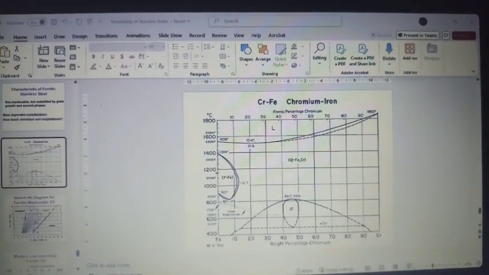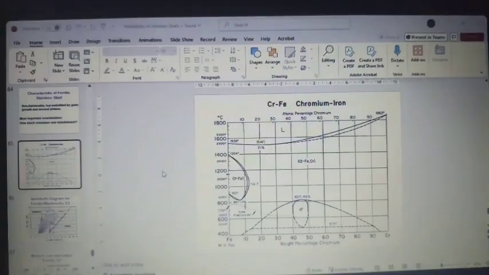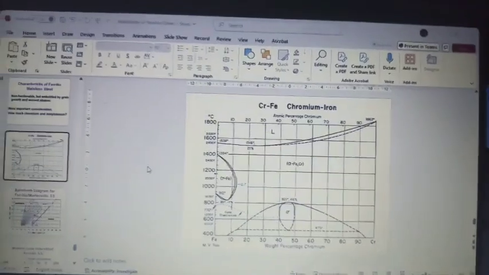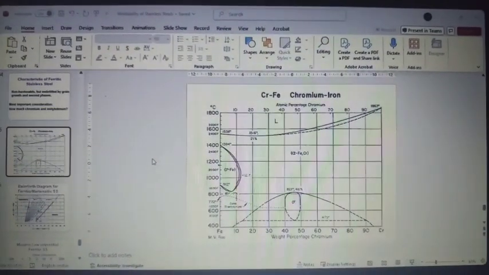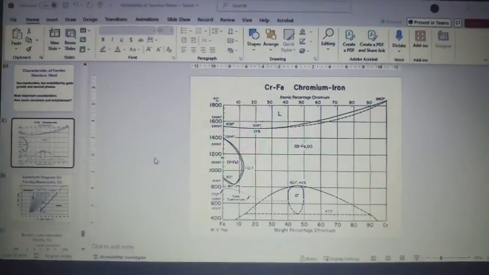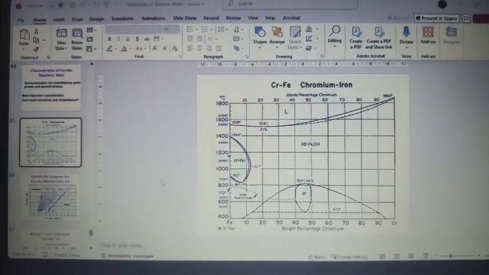This gamma is the region of martensitic stainless steel. So minimum we need 10.5% chromium. When we add chromium around 11 to 13%, this is the window where the gamma transforms to martensitic stainless steel.